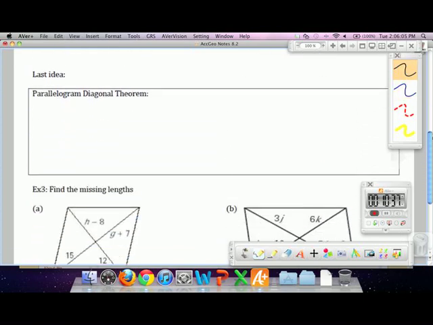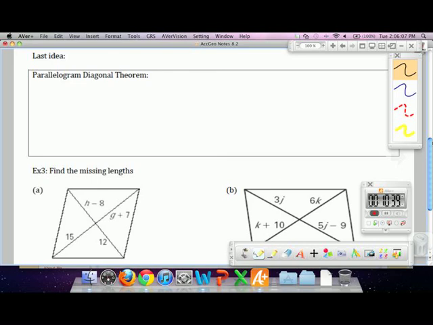Parallelograms are also pretty neat because we can actually talk intelligently about their diagonals as well. This is a cool theorem that is true for all parallelograms.